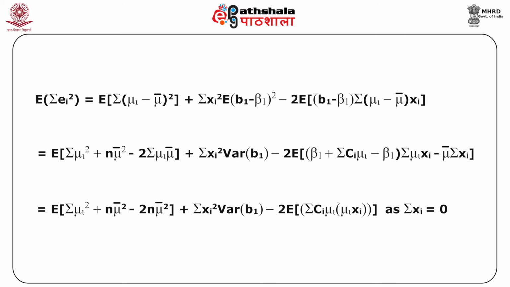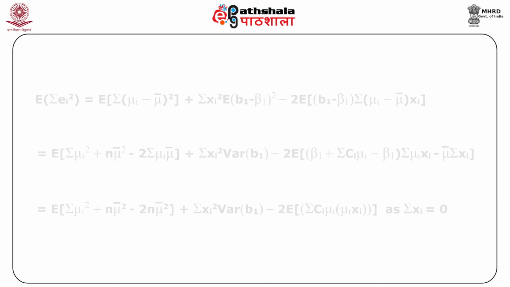This is equal to expectation summation mu i square plus n mu bar square minus 2 n mu bar square plus summation xi square variance b1 minus 2 expectation summation ci mu i into mu i xi, as summation xi is equal to 0.